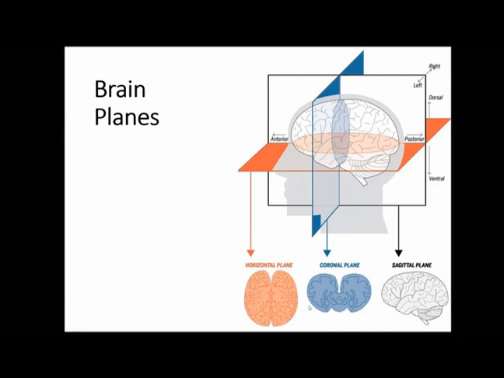So you would see it kind of flat, as if you were looking down from the top of that person's head. And this is a lot easier to do in person, but hopefully it makes sense. The next one that you'll sometimes see is called a coronal plane. And this is when you're looking at the person basically from the front, or I suppose from the back, and you're slicing vertically through their head, again, keeping it level with their ears, but this time slicing up and down instead of side to side.